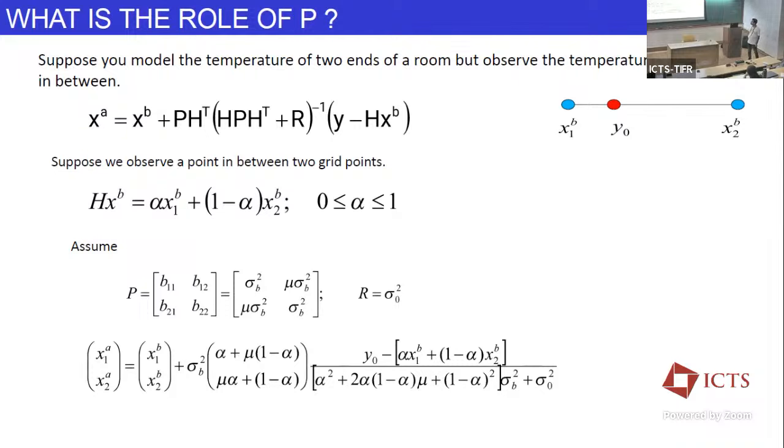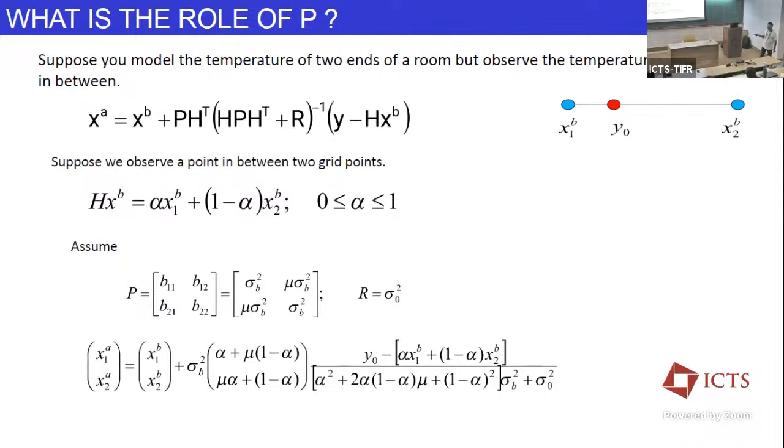Okay, so this is my state vector, and this is the H operator. What will this H operator be? H operator will be alpha x1b plus 1 minus alpha x2b. Is this clear? So this one is alpha and this is 1 minus alpha. With this, I can figure out what my analysis state vector is.